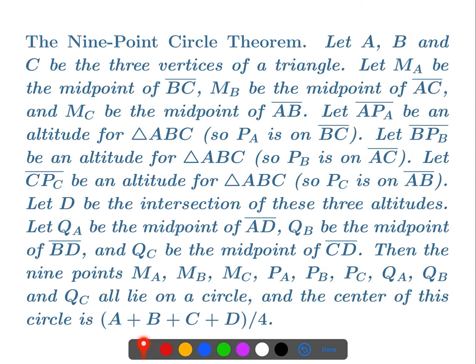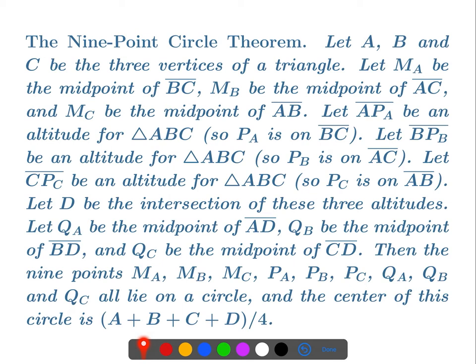We let D be the intersection of the 3 altitudes, and then we're going to look at the segments going from D to each of the vertices. So we look at AD here, this segment, and we want to take the midpoint of that segment, and we're going to call that Q sub A. The midpoint of segment BD will be Q sub B. The midpoint of segment CD will be Q sub C. Then we have our 9 points, the midpoints MA, MB, and MC, the feet of the altitudes P sub A, P sub B, and P sub C, and then the points Q sub A, Q sub B, and Q sub C, and all 9 of those points will be on the same circle.